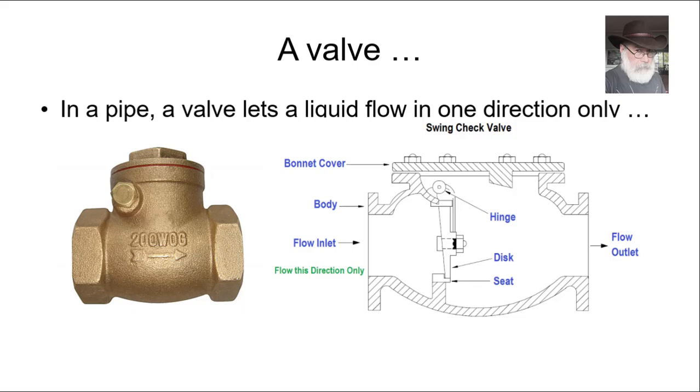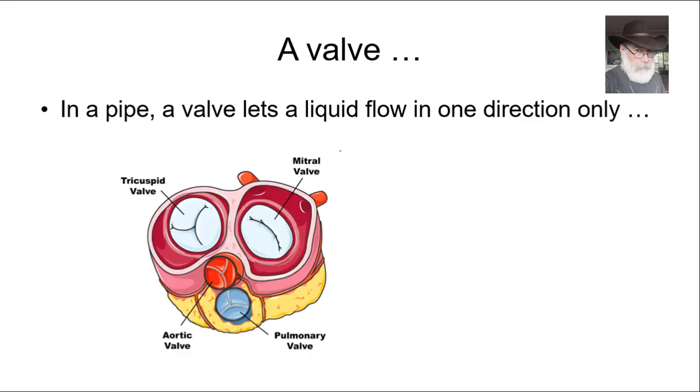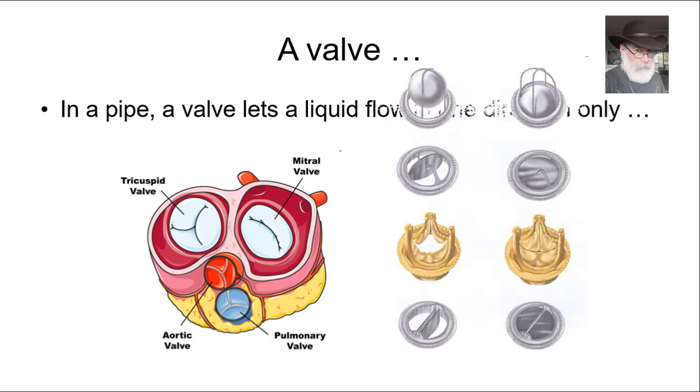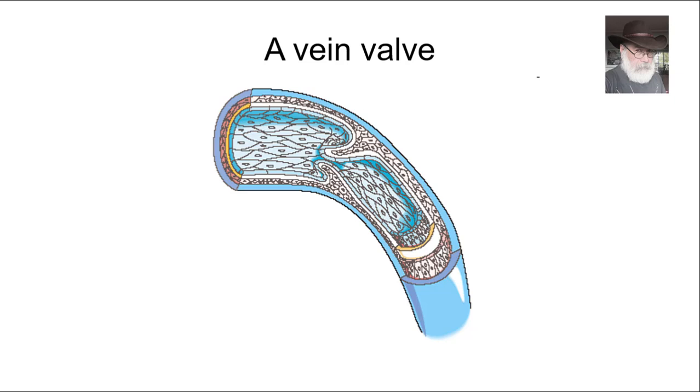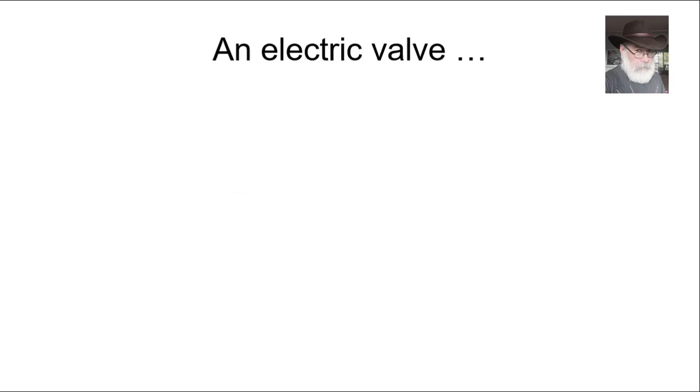A valve in a pipe will let liquid flow in one direction only, but will block the liquid if it tries to backflow, like the valves in the heart, being the real ones or these artificial ones on the right. Even in the vein, we have valves that let blood flow in one direction, but if the blood tries to backflow, those valves will shut down the flow of blood.